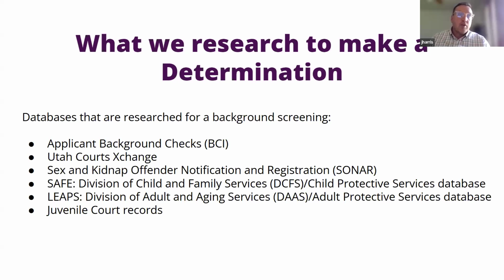Types of investigations that are supported, where they've gone and done a process of investigation, are several types of abuse: physical, emotional, sexual abuses. There's also failure to protect, other incidences where something has been harmful or deemed harmful to the child. So we look at those databases for those supported findings.